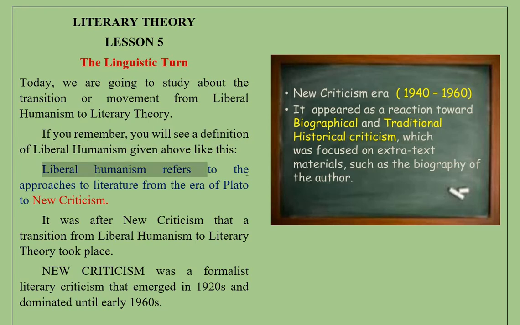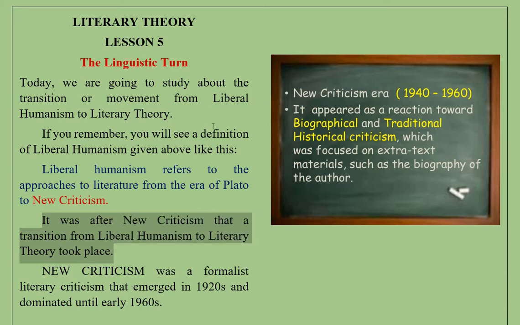Liberal humanism refers to the approaches to literature from the era of Plato up to new criticism. It was after new criticism that a transition from liberal humanism to literary theory took place.